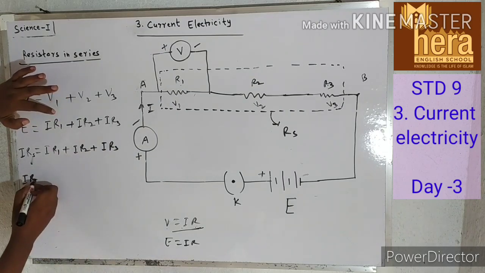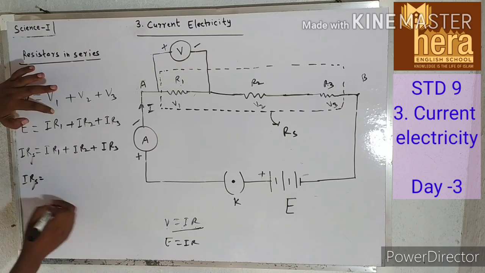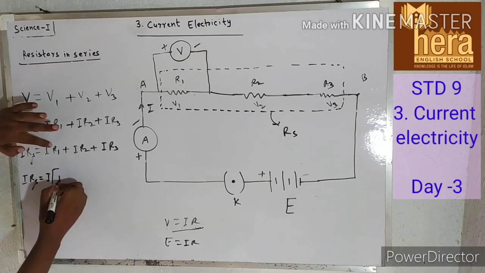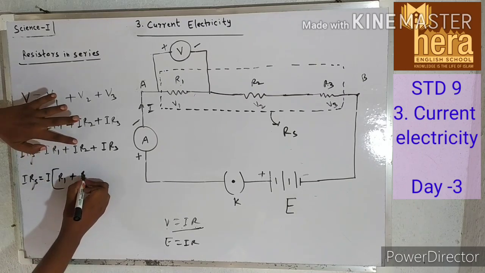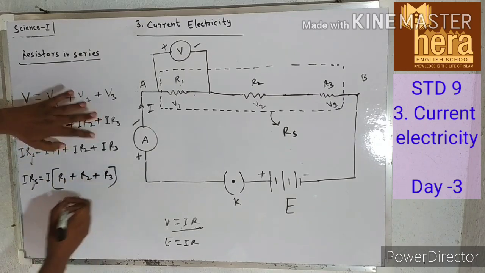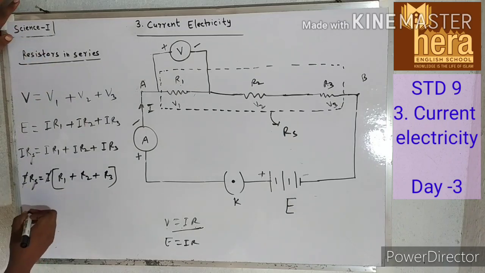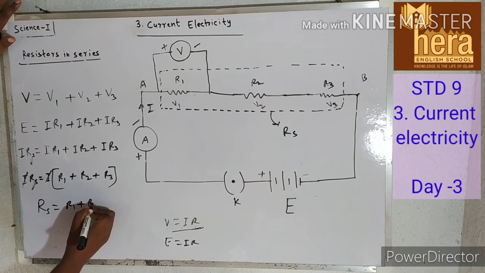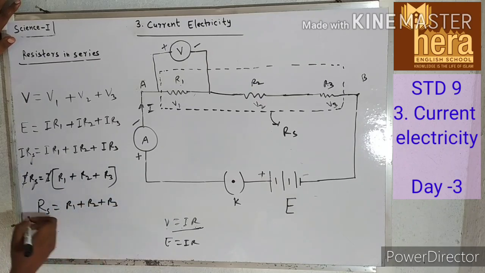You can take I common, so here will be R1, here will be R2, here will be R3. I cancels. Therefore RS is equal to R1 plus R2 plus R3.